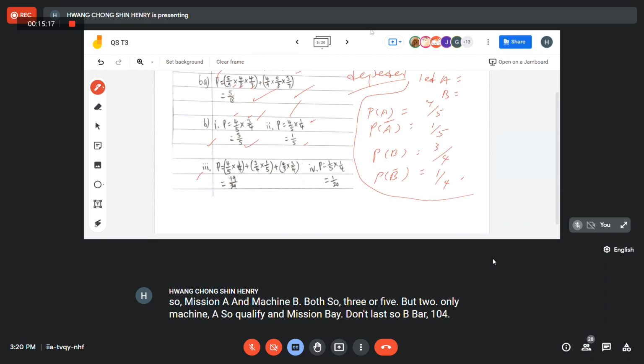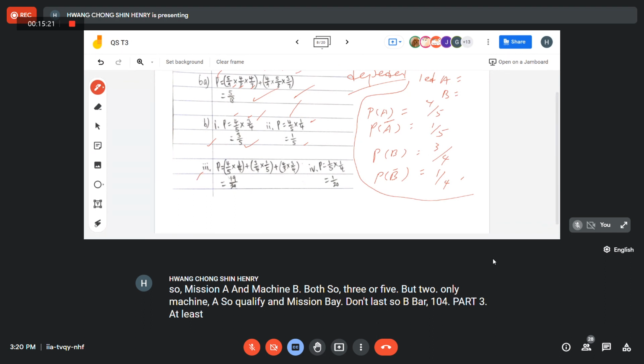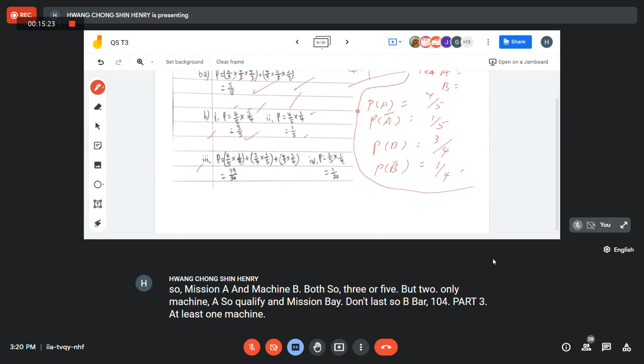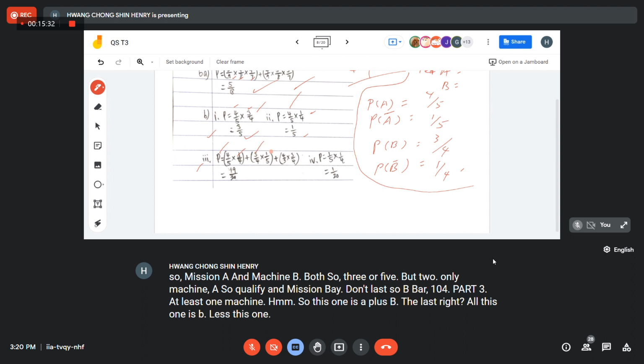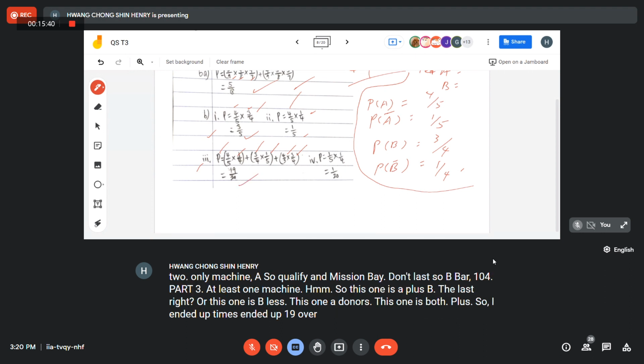Part 3, at least one machine. So this one is A lasts, B doesn't last, or this one is B lasts, A doesn't last, or this one is both last. Added up, 19/20.